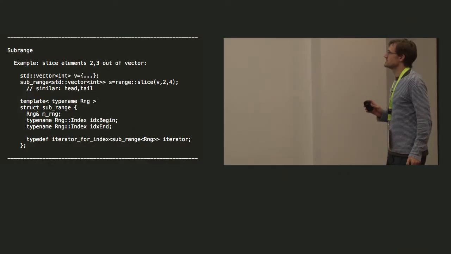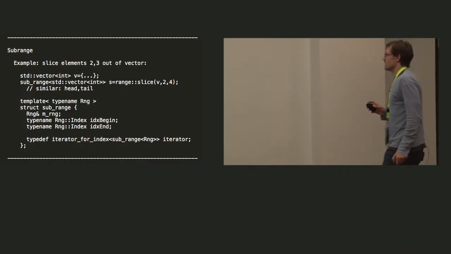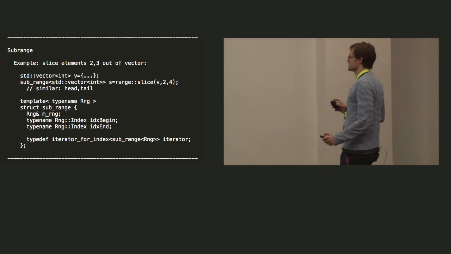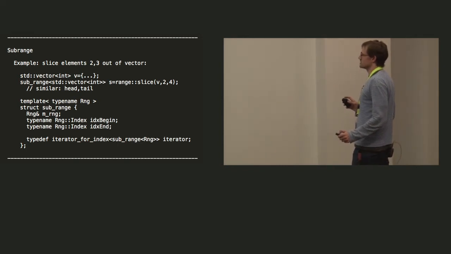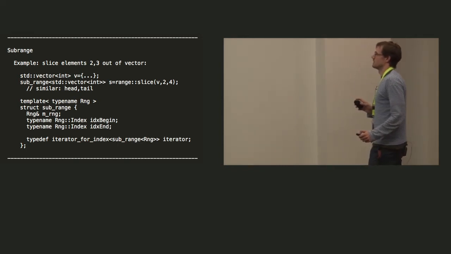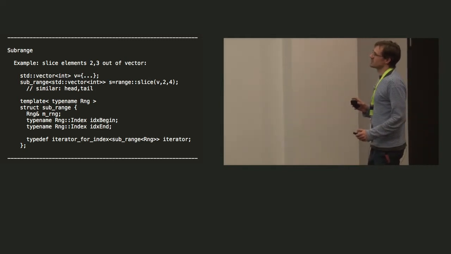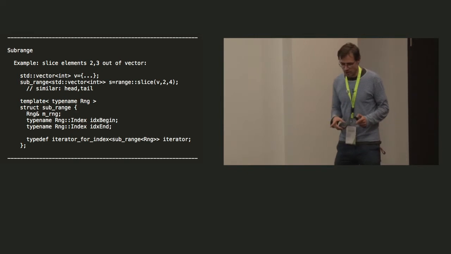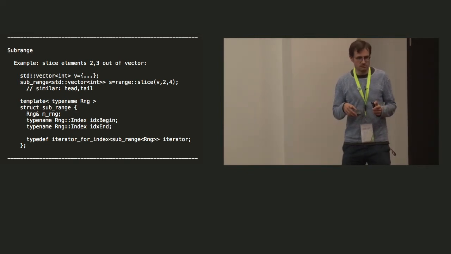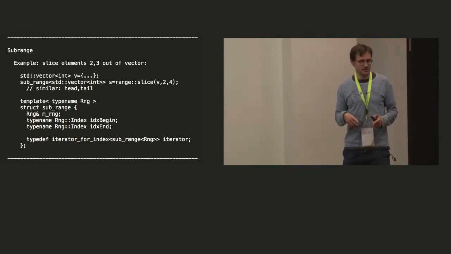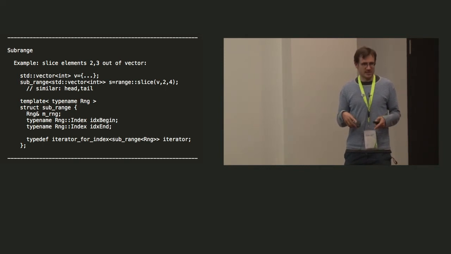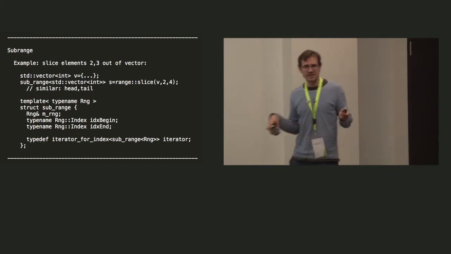Okay, one last thing about ranges, subranges. And I don't know if they're going to put this into the standard. I think if they don't, they're going to get hurt. Example. What's a subrange? Well, the subrange is kind of like a part of a vector. It's kind of like an iterator range, except that now we don't really play in iterators anymore.